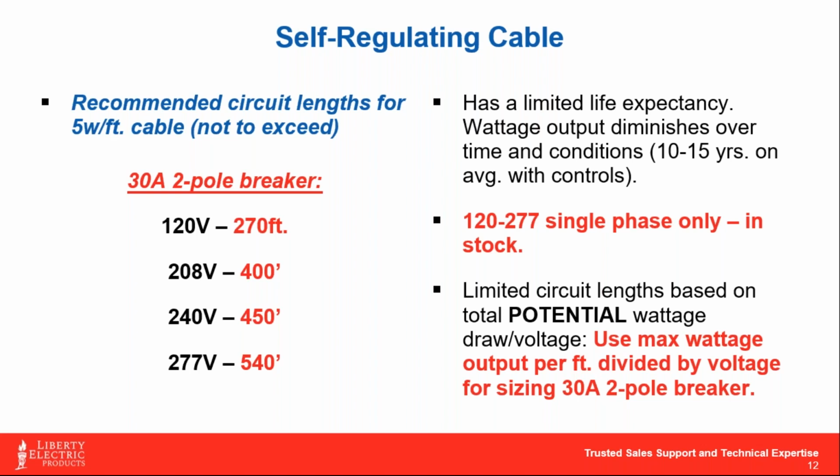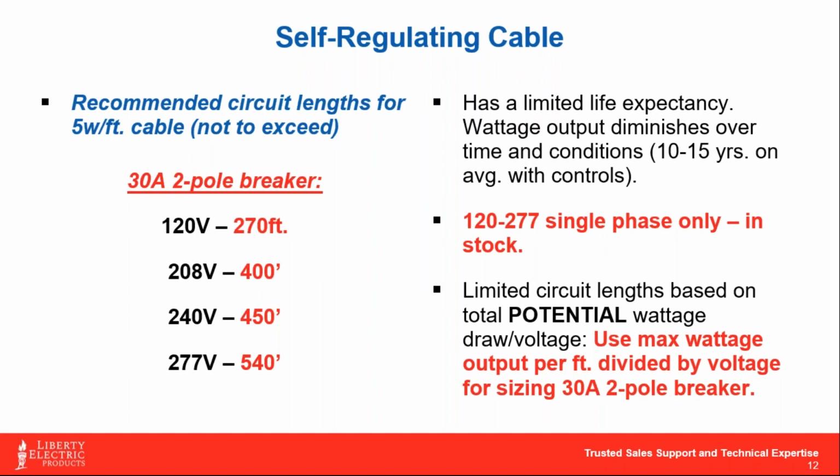Now, they're typically designed around 240 volts. So when we apply less than 240 volts to a product that was engineered for 240 volt, you're going to get a little voltage derating, okay? So now your 5 watt a foot cable might be putting out more like 4.2 watts a foot, you know, 4 watts a foot, and so on.